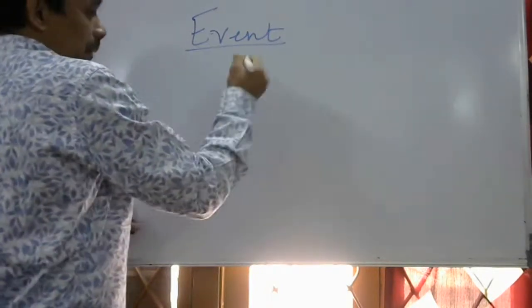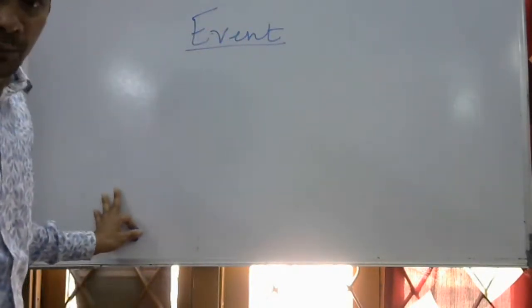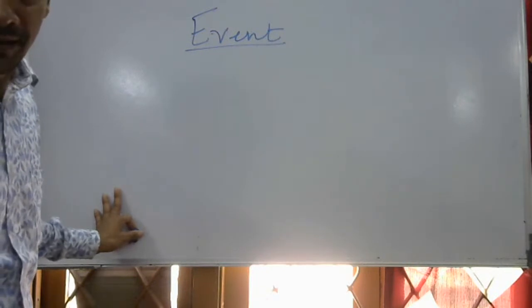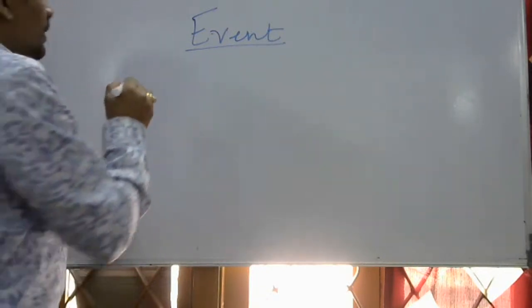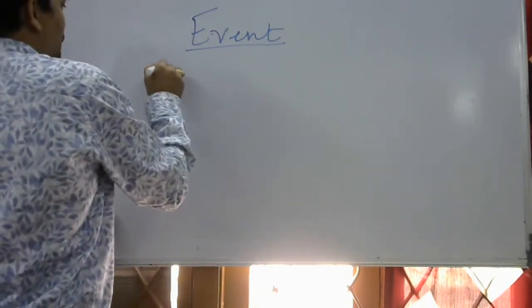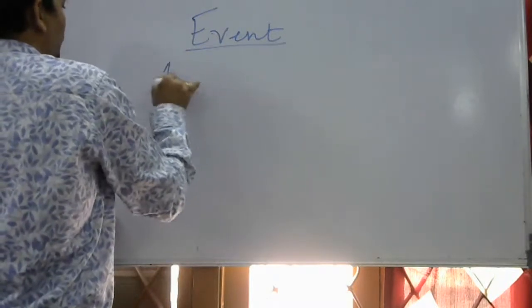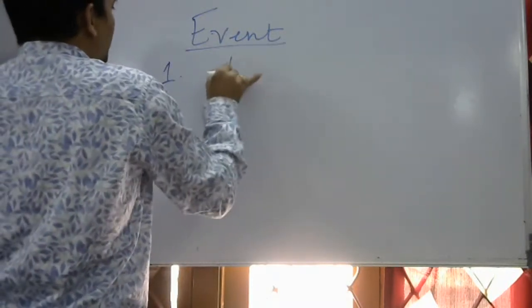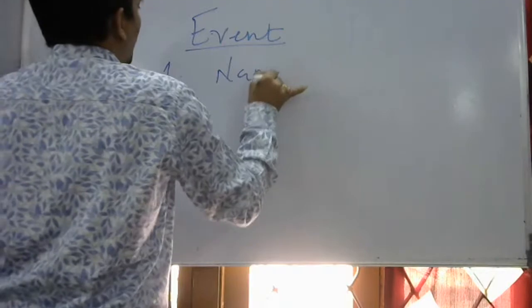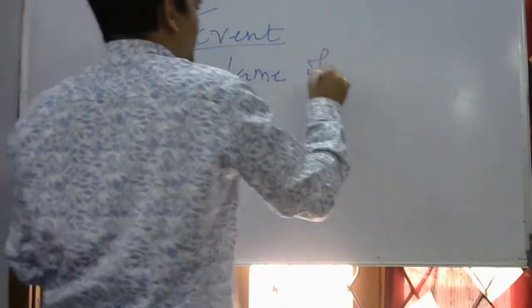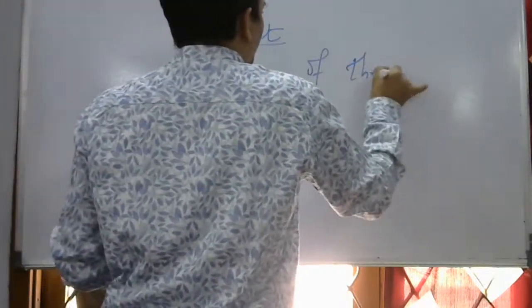Apart from the title, which should be given first everywhere, what you have to think about is the name of the event. Point number 1, the name of the event you have to write.